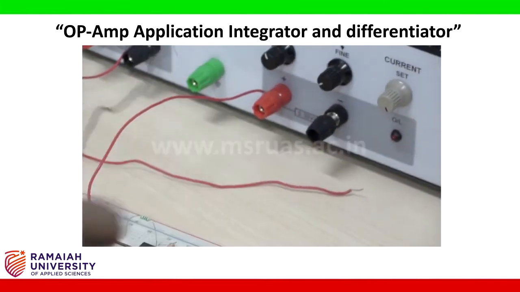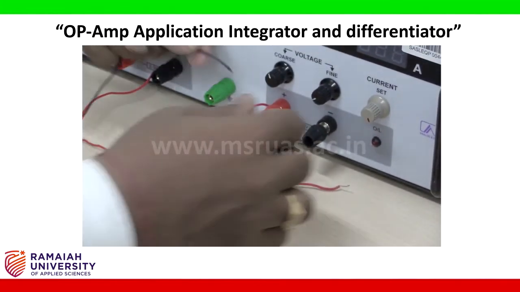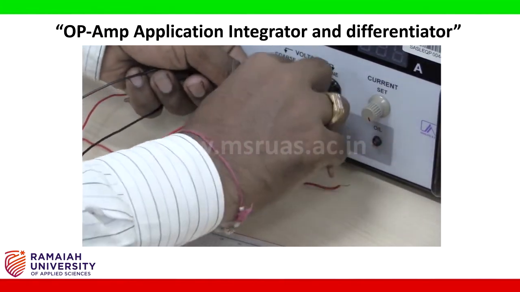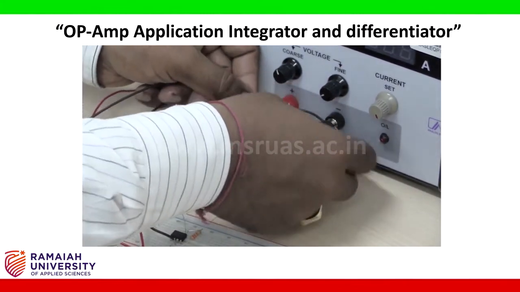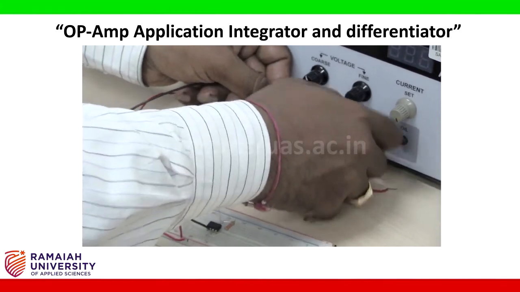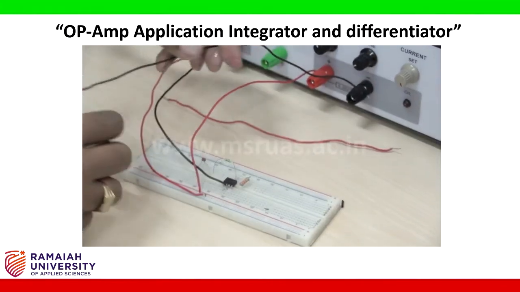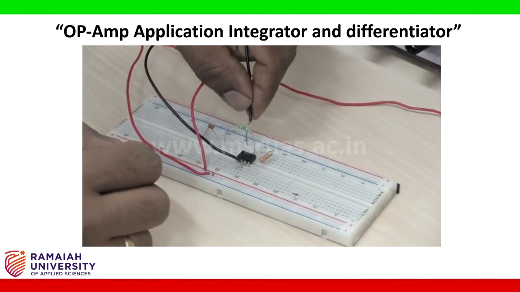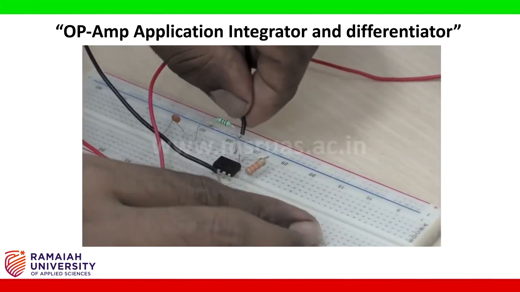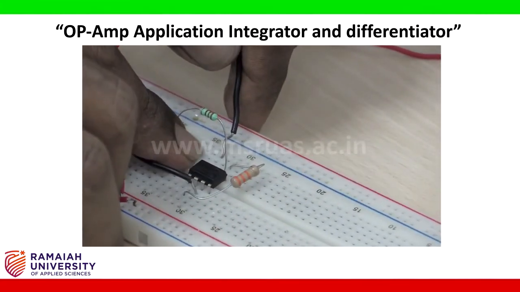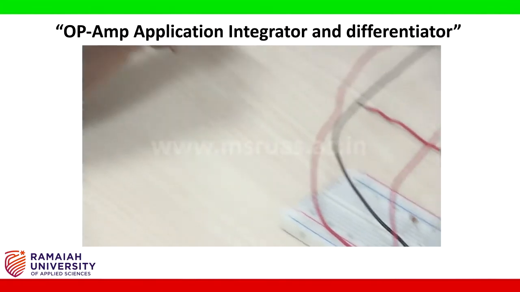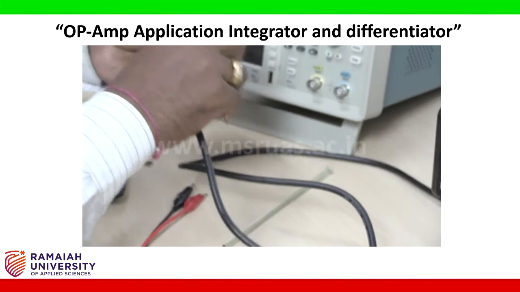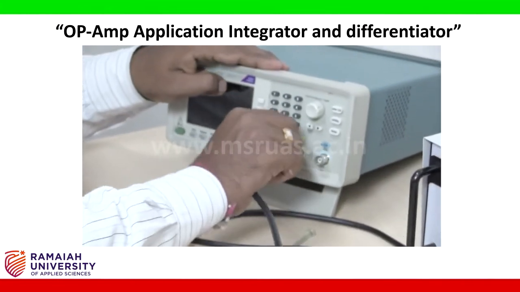Next, the same way I connect this terminal's negative to pin number 4. This is pin number 4. You see, that will be connected. The same way I take this probe to connect the signal generator.